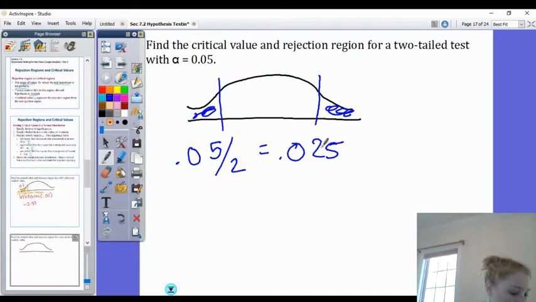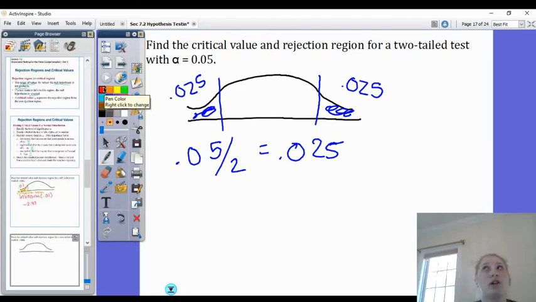Okay, so that means I have 0.025 here on the left and 0.025 here on the right. So I can use my calculator again to figure out my z-score, and it's kind of going to be like when we did what two z-scores do, or does 70% of the data lie in between, things like that.